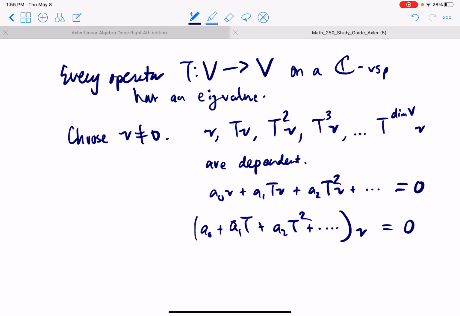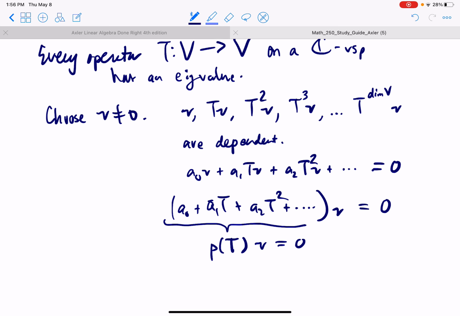But this is a polynomial where we replace the variable, like x squared, x to the third, with the operator T. So there exists a polynomial with p of T equal to 0 for that v.